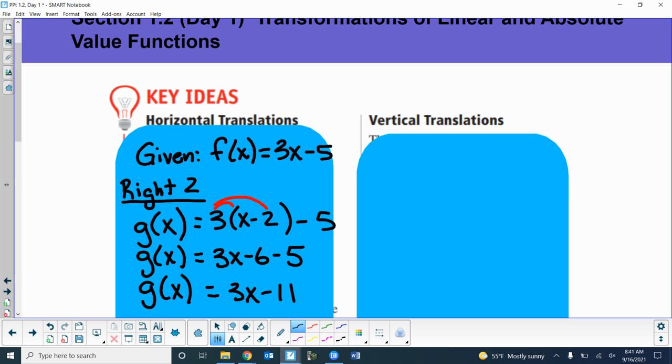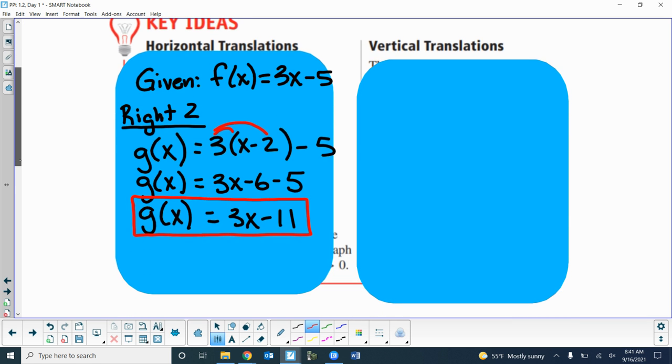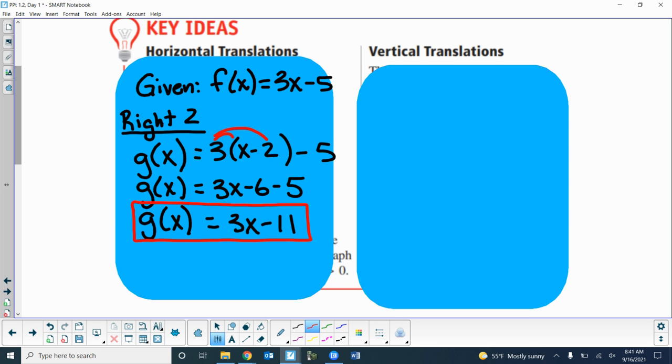So this new function g has translated or moved that function to the right 2 units. Okay? So we just substitute in that x minus 2.